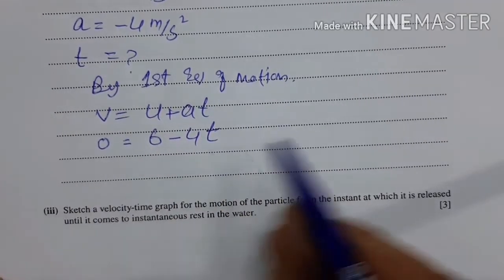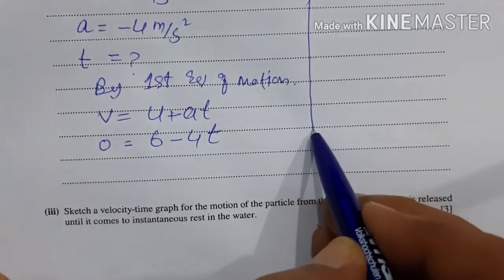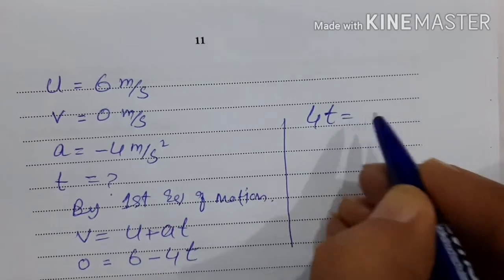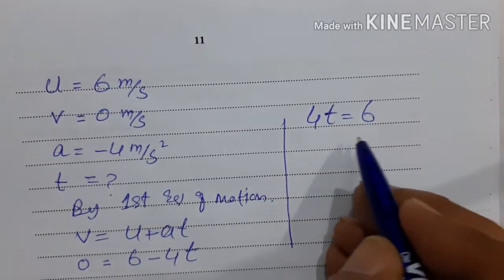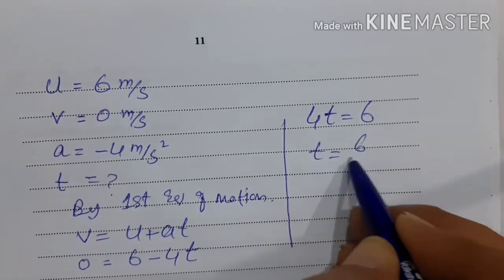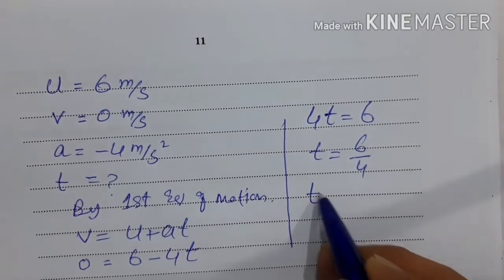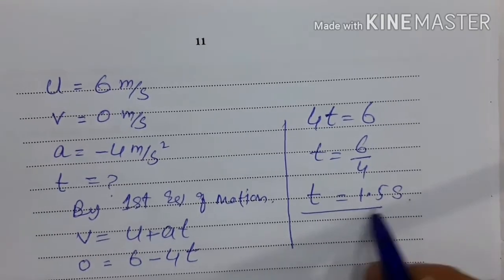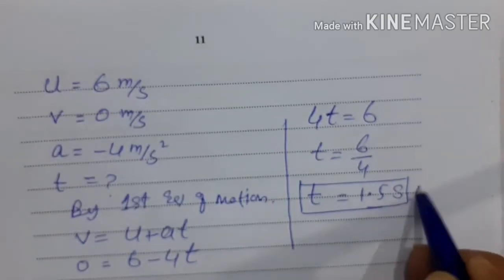So take t on the left side, it will become 4t is equal to 6, or t is equal to 6 over 4, t is equal to 1.5 seconds. This is our answer.